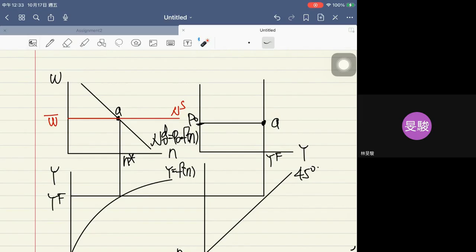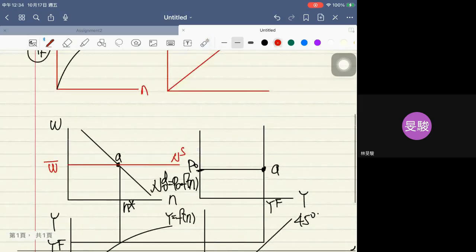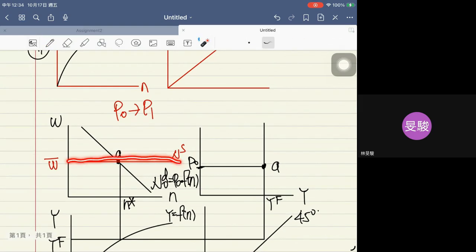Now suppose the price level rises to P1, as in the former case. P0 rises to P1. And in the short run, the nominal labor supply doesn't change. Sticky wage.